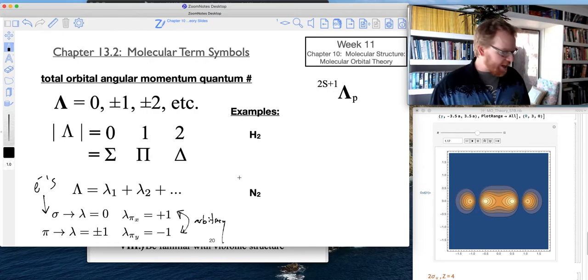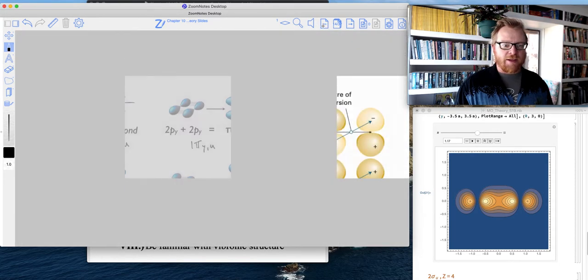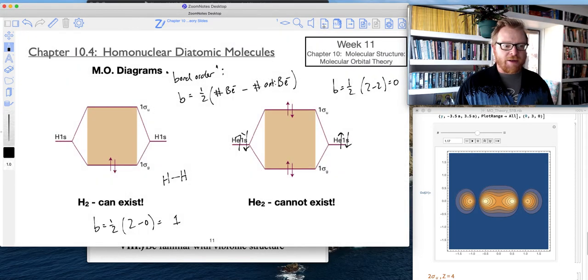I'm going to go through several examples. Let's look at H2. I'm not going to do the MO diagram because, hopefully, we remember it's very simple: 1σg² is the molecular electron configuration of H2. Here it is, my H2.